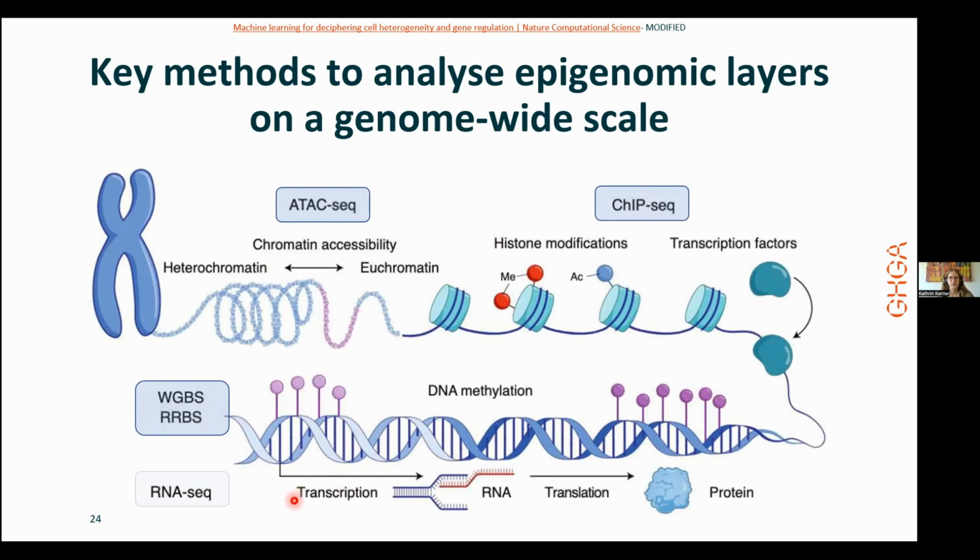And finally, as the transcriptome can be seen as the functional readout of the epigenome, and we frequently also study this in epigenetic studies, I will also say a few words about RNA sequencing.